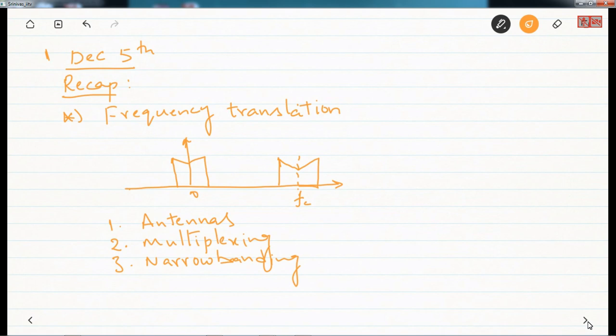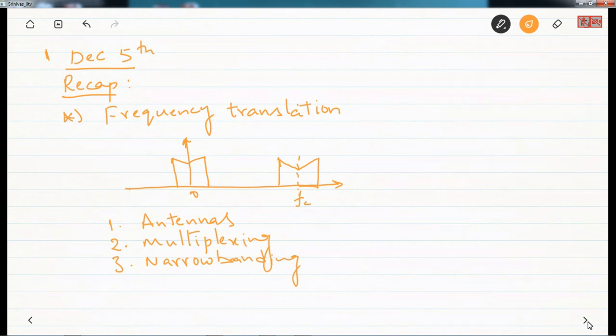Even assuming you can design antennas for low frequencies, the antenna designed for 10 kilohertz is not good to transmit a 50 hertz signal, or the antenna designed for 50 hertz is not good to transmit a 10 kilohertz signal. Also it's always better to have a low dynamic range for the circuits. So when we translate this 50 hertz to 10 kilohertz to say 1 gigahertz or 1 megahertz, the ratio of f max by f min becomes very low.